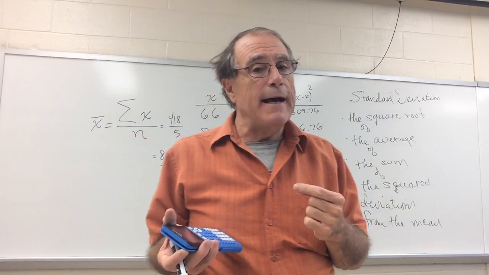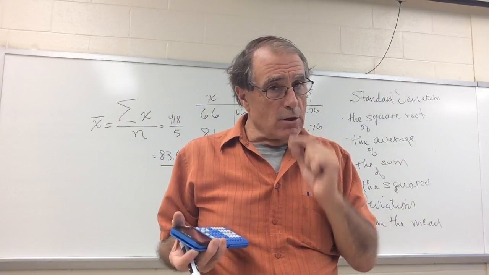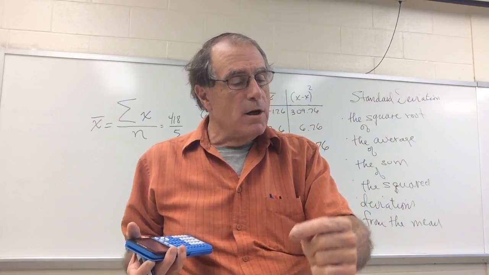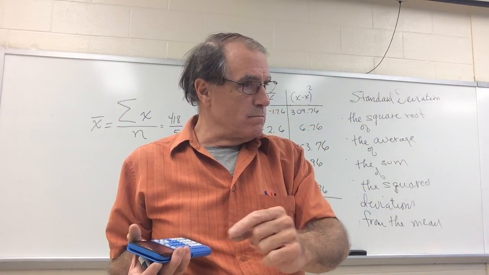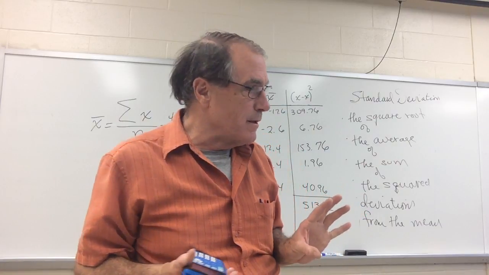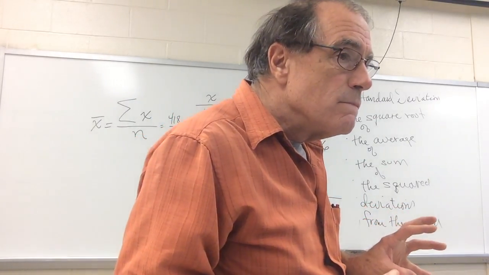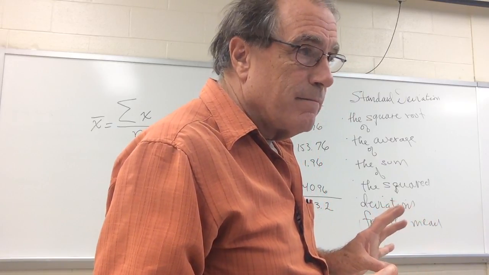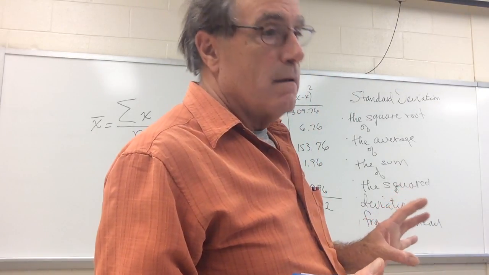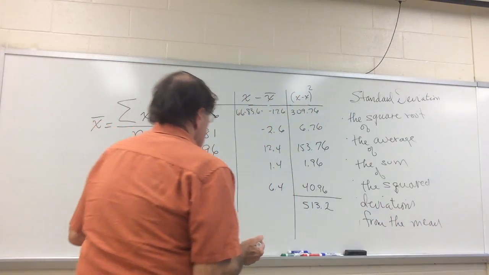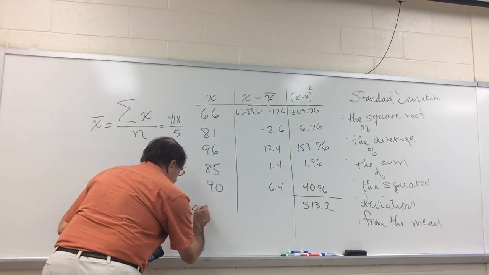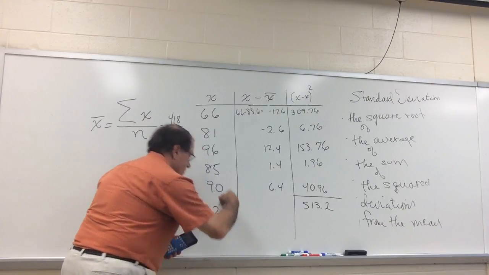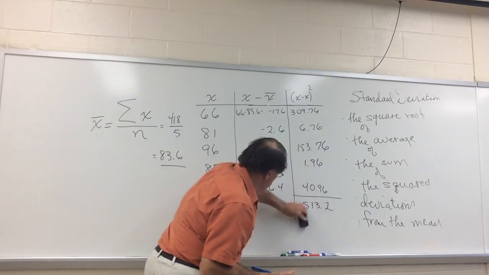That makes the number a little larger, and it will be a better representation of the standard deviation of the population. So how many numbers did we have? 5. So we divide by 4. We take 513.2 and divide by 4, which is 1 less than how many we have.